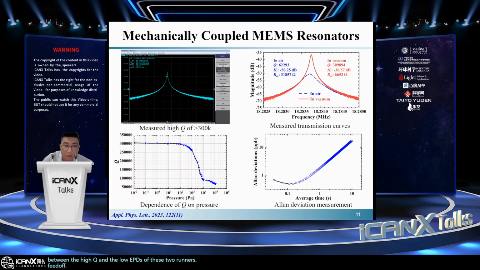And the Q versus the pressure is also characterized. The Q maintains very high below 100 pascals. So it has a high tolerance to the packaging quality. From Allan deviation measurement, it has a very good performance. The stability is less than 1 ppb.